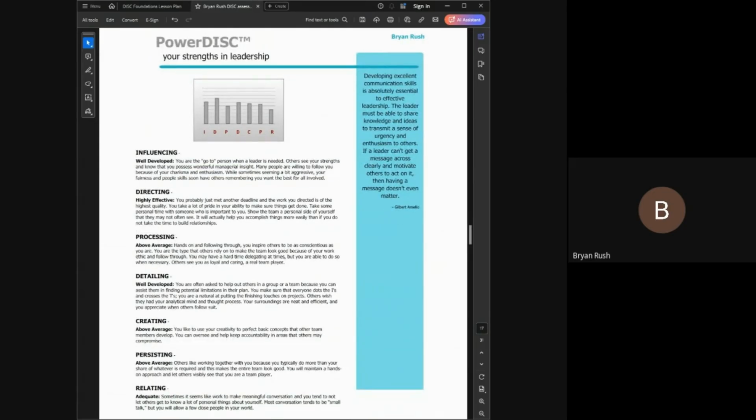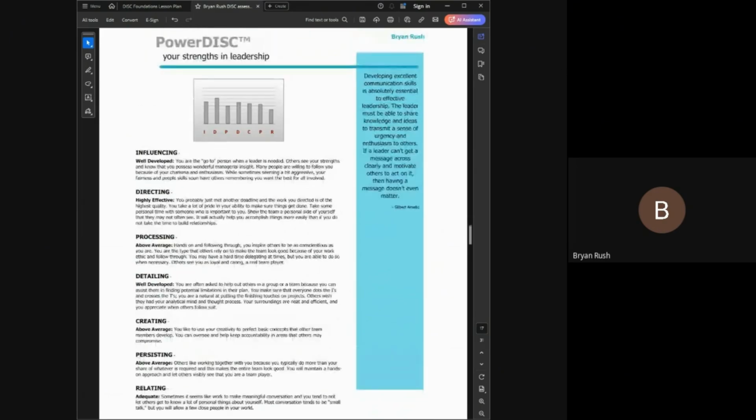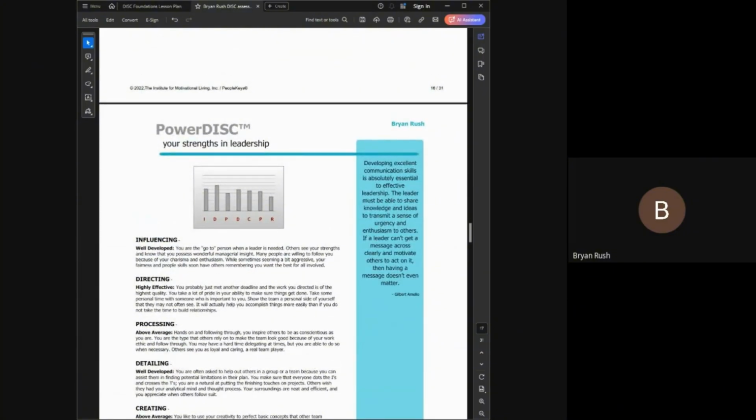This is what you are bringing to the table in your superhero outfit. These, the ones that show up above this midline here, if you can see my cursor, the ones that show up above that middle line are going to be your superpowers.